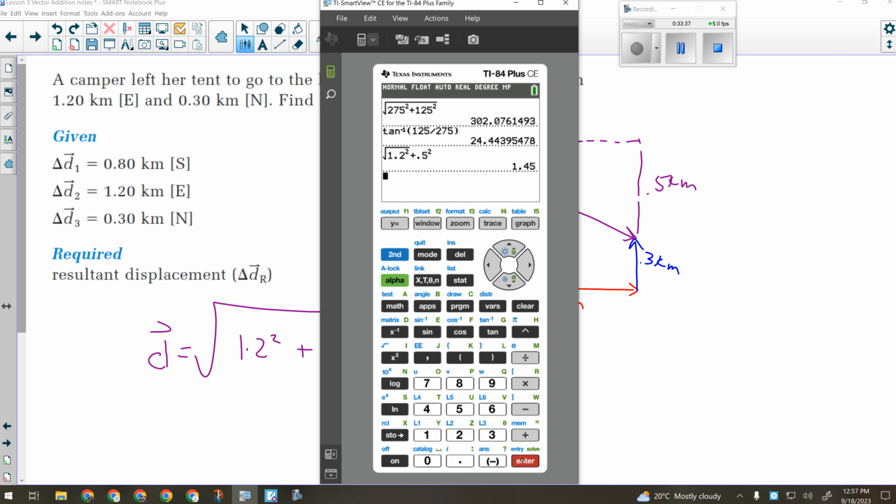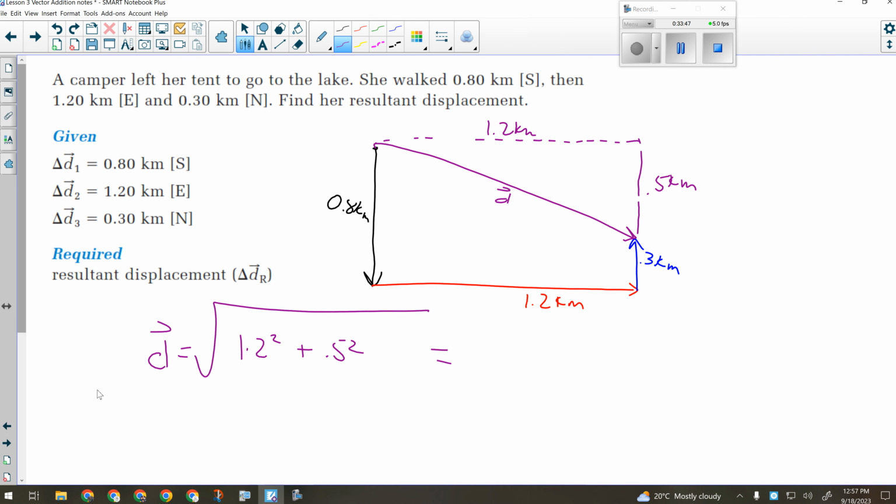That didn't do it right. Let's try it again. 1.2 squared plus, there we go, squared. All right, 1.3 kilometers. Right? So I now know this is 1.3 kilometers long, but I still need to know what direction it went in.